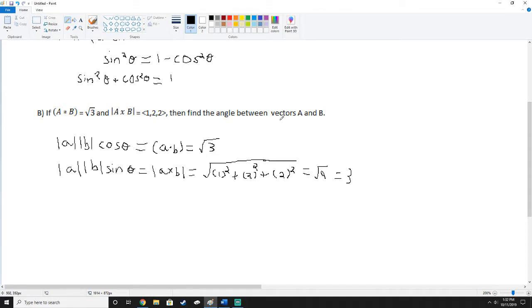To find the angle between vectors a and b, these values correspond to sine and cosine, and tangent happens to be equal to sine theta over cosine theta.